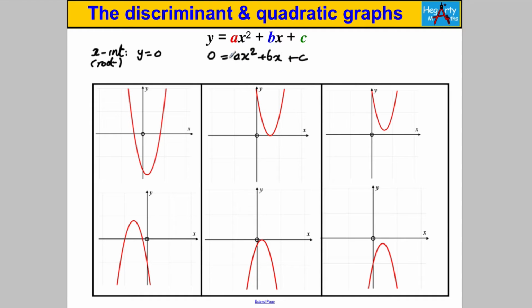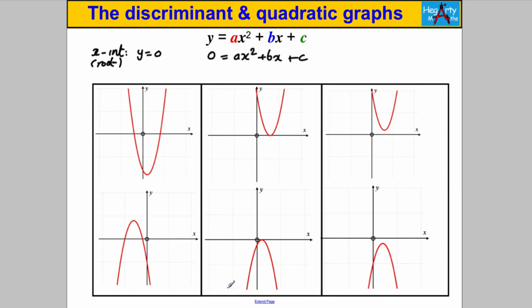Now, you can solve that via a variety of means. You could do that by factorizing, completing the square, or solving the formula. But one thing you know is true. You know that if b squared subtract 4ac is bigger than 0, you're going to get two answers. If it's equal to 0, you're going to get one answer. If it's less than 0, you're going to get no answers.